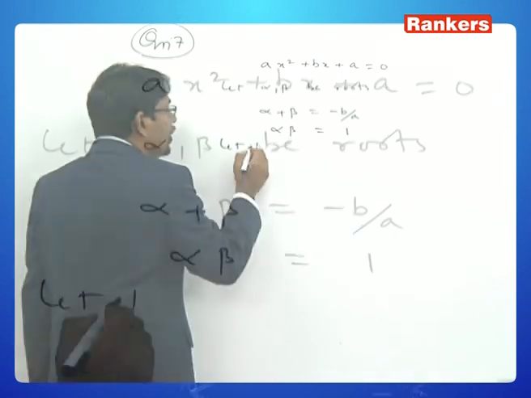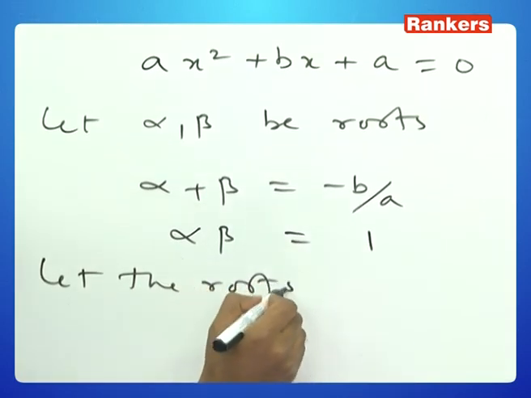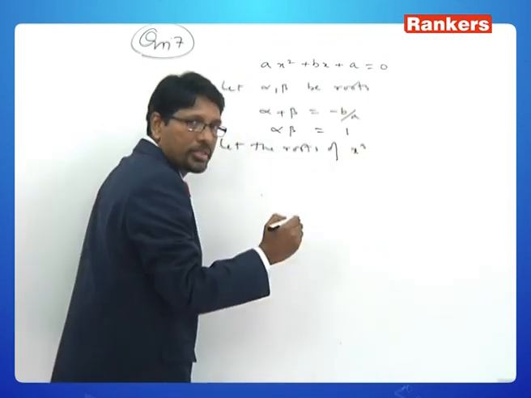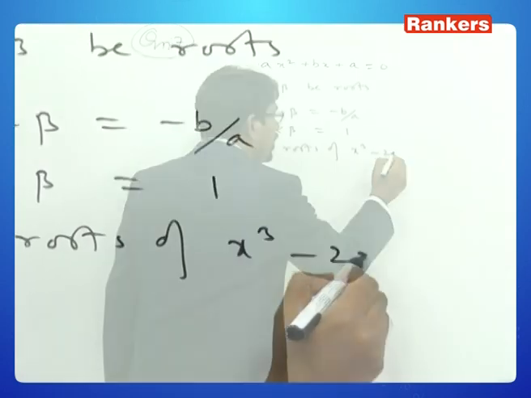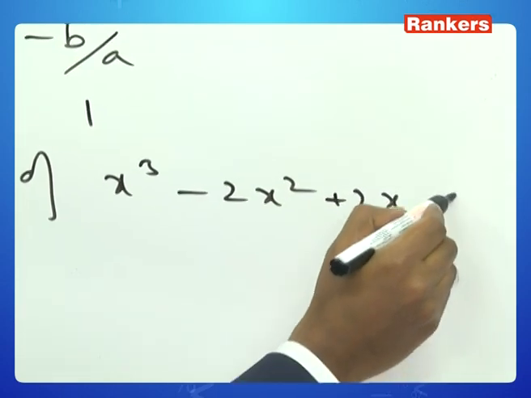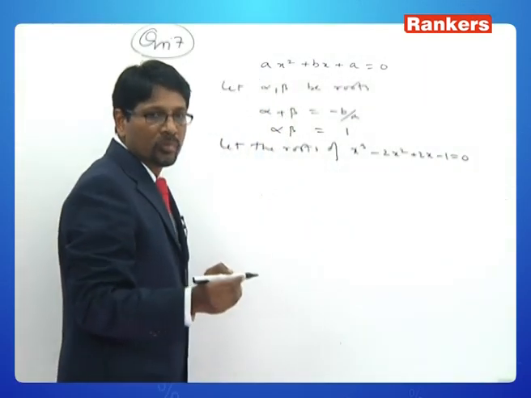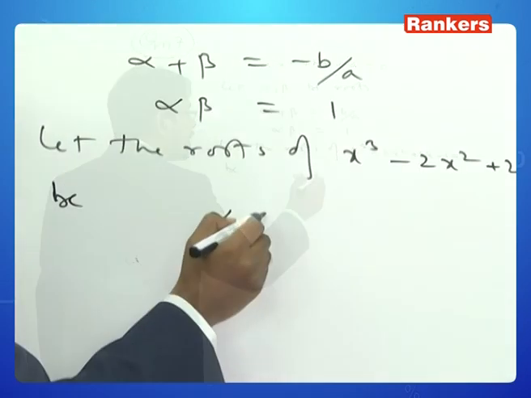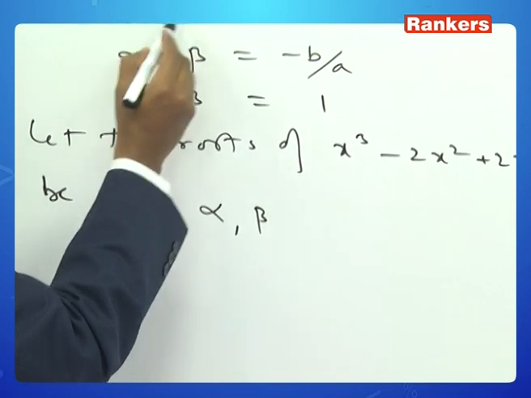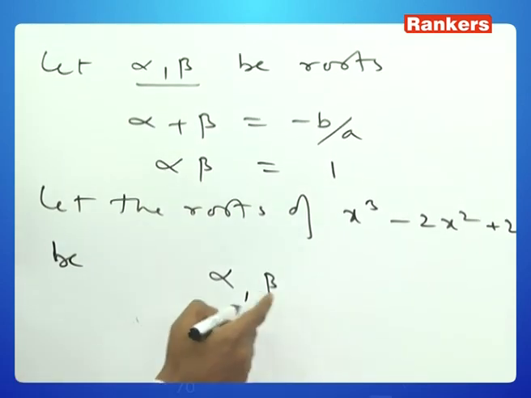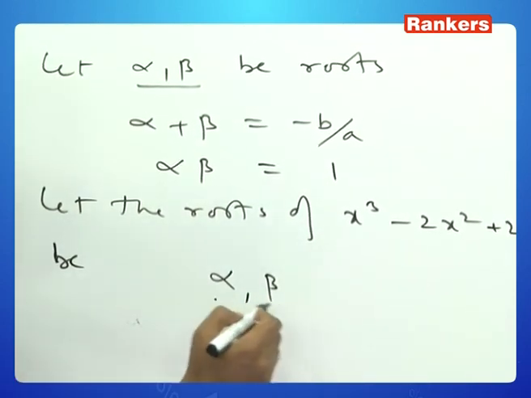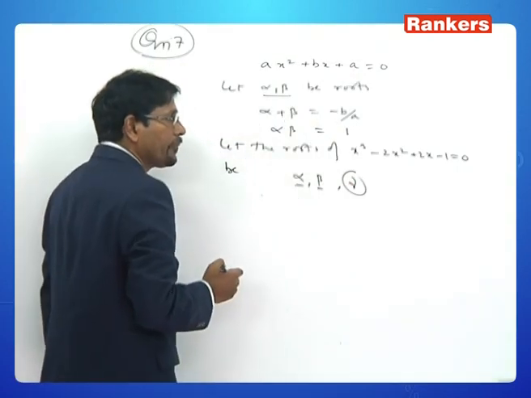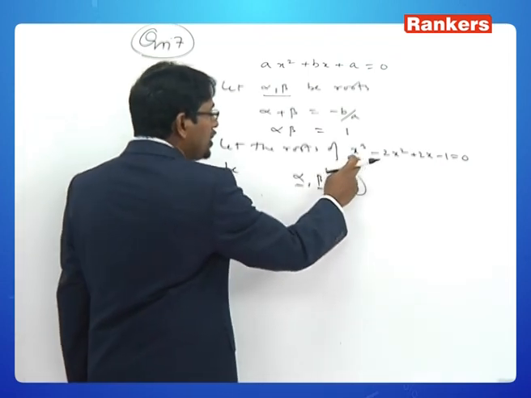Now let the roots of the second equation, that is the cubic polynomial equation x cubed minus 2x squared plus 2x minus 1 equal to 0, be alpha, beta and gamma. He says there are two roots common, so assume these two, alpha and beta, are the common roots, and some other root gamma is the extra root.